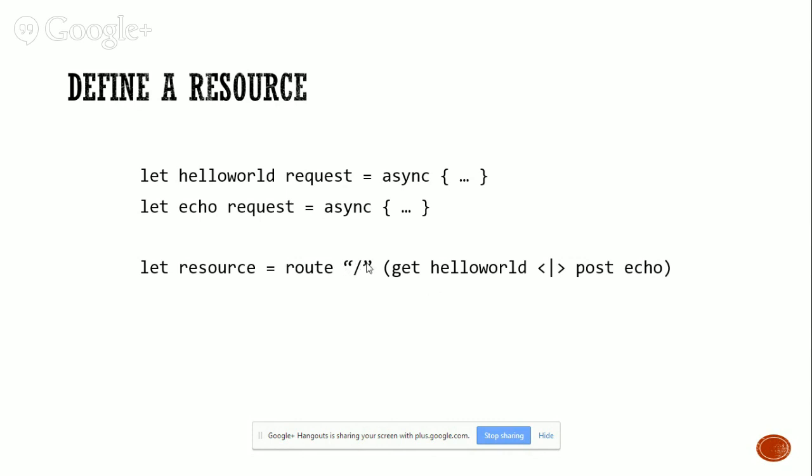So this is basically the root of your API, and then you can do a route resource, which takes a list of these handlers, or you can pass in this chainable function here, and this less-than pipe greater-than stands for or. So this is saying at the route slash, the root of the site, I want to serve get hello world. So whenever I get a get request, I'm going to do hello world, and when I get a post request, I'm going to do echo.